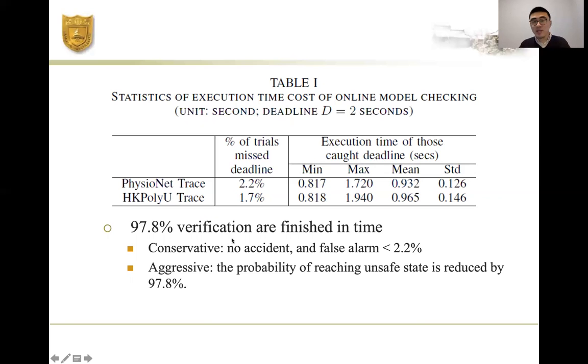And we can see that 97.8% of the verifications finish in time. With the conservative way, it means first, no accident, and the false alarm rate is 2.2%. And if you consider the aggressive way, it means the probability of reaching an unsafe state is reduced by 97.8%.